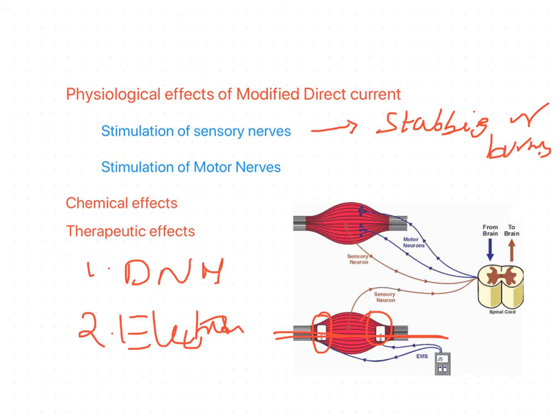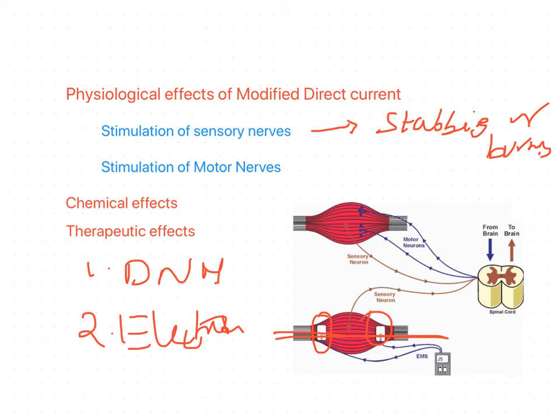So in the stimulation of denervated muscles, we use galvanic type of current in the states of muscle denervation. The current is still recognized as an important treatment modality in the early stages of peripheral nerve injury. Very, very important. Okay.